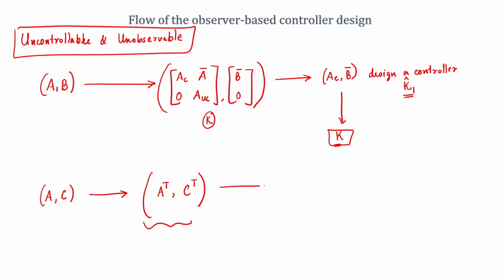So for this new system, you try to find out the controller K transpose. How will you find out K transpose? Remember, since A, C was unobservable to start off with, A transpose, C transpose will be uncontrollable, and if A transpose, C transpose is uncontrollable, you can go ahead and find another controllability canonical form.